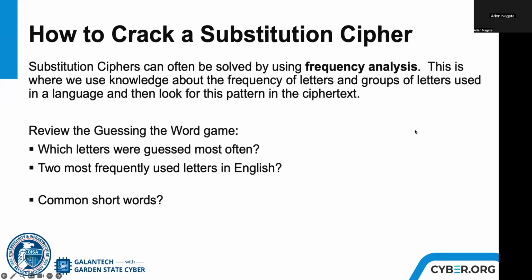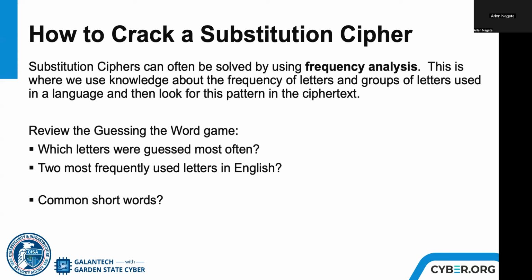Okay, but the way you crack a substitution cipher is by using frequency analysis. And that's this fancy term for certain letters are used more often than others, right? In English, the most common letter is an E. And if you've ever watched Wheel of Fortune, you know that the most common letters are R, S, T, L, N, and E. So by knowing that, you can analyze how many times a letter is used in a ciphertext.